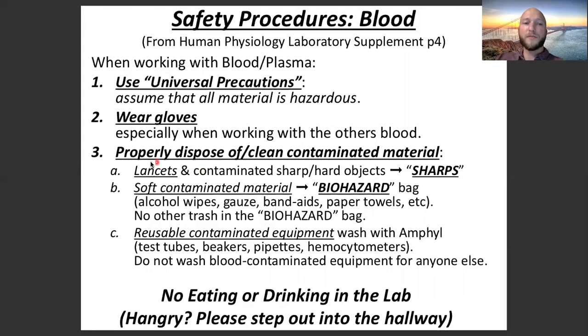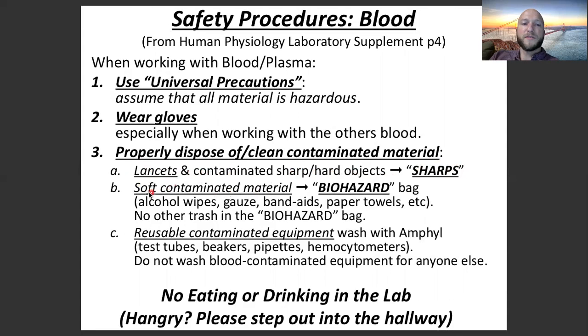Lancets are what we use, we've talked about them in past labs, to put a tiny hole in the side of our finger to get a sample of blood. They are sharp, and any other contaminated sharp or hard objects go in the sharps biohazardous material container.